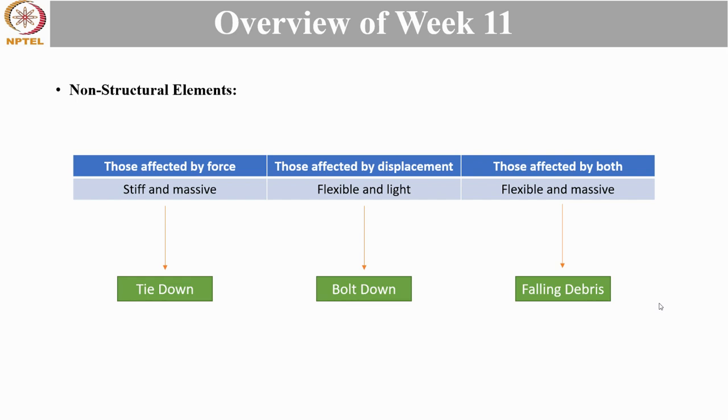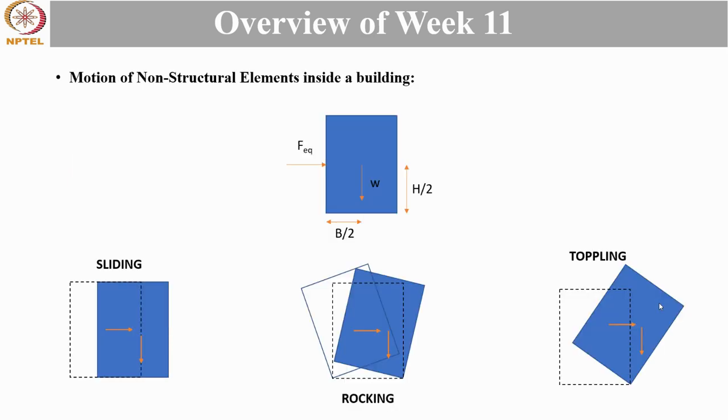Now we know what non-structural elements are and how they can be affected. But what kind of motions can these non-structural elements undergo upon ground vibration? So if we take a simple rectangular block non-structural element upon action of a harmonic force or a normal force, anything, it can either slide, rock, or topple.